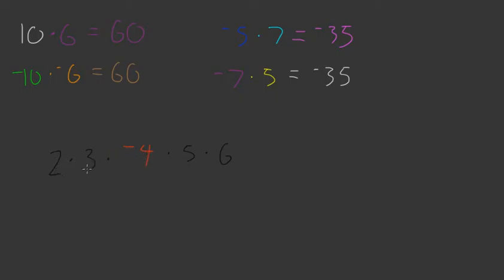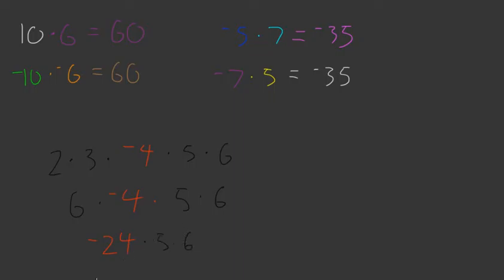So for example, this and this is 6. So 6 times negative 4, okay, times 5 times 6. Alright, so 6 times negative 4 is going to produce a negative 24, okay. And then we're going to have that times 5 times 6.